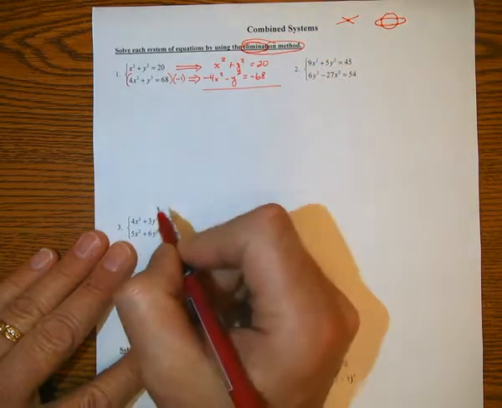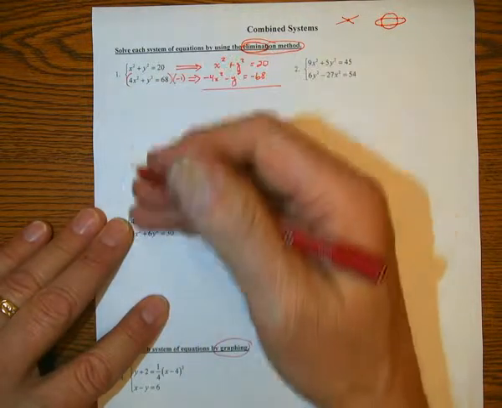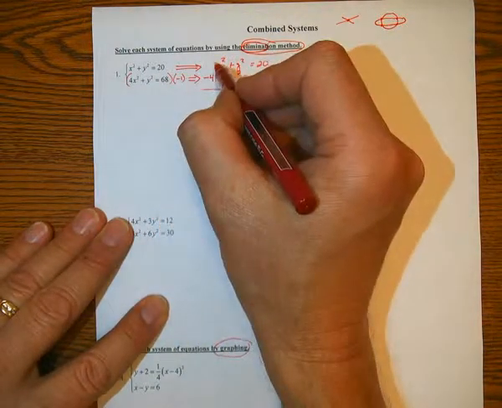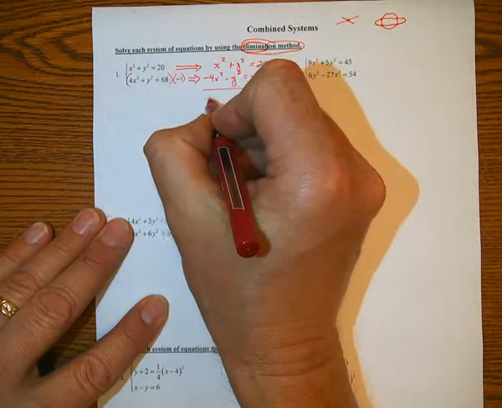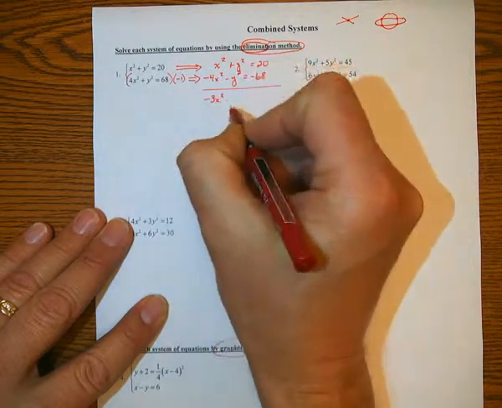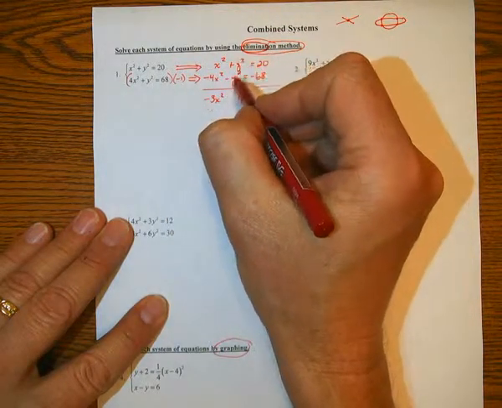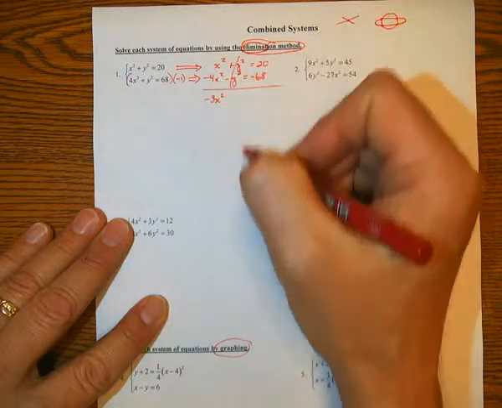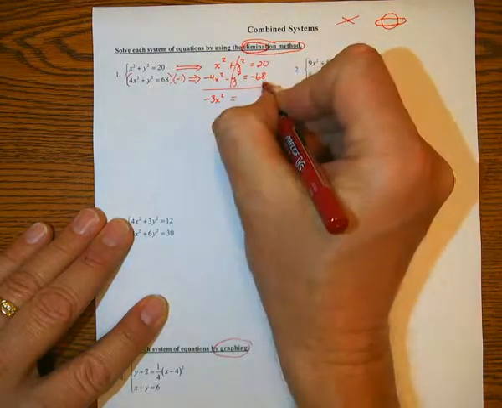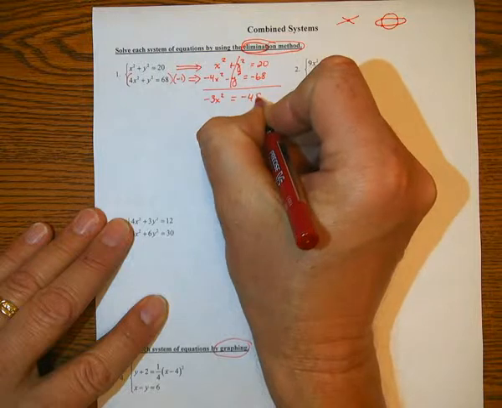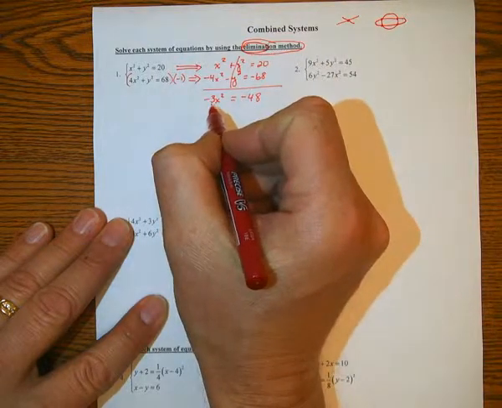All right, we now are going to take those 2 equations and add them together. Well, 1x squared minus 4x squared is a negative 3x squared. Positive y squared, negative y squared, those will cancel out, equals negative 48.